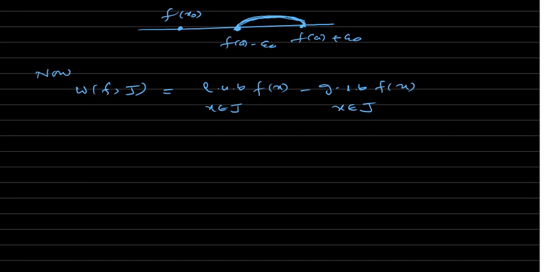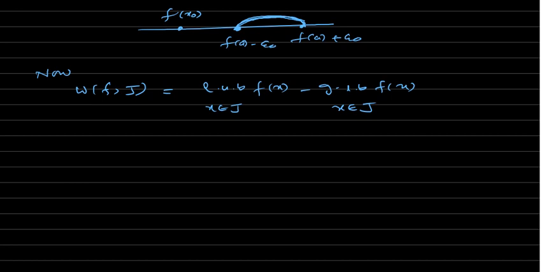In fact, you can say that x naught is here. Okay, I have x naught is here. So what's the GLB of f of x and what's the least upper bound?